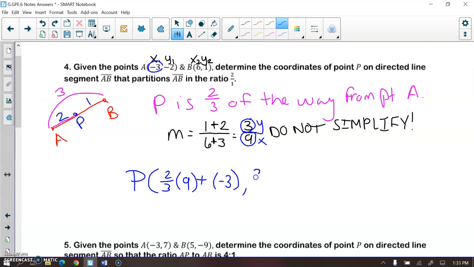For your y value, we take our ratio times our rise, and we add it to the y value of our starting point. So I wind up with point P being 3, 0.